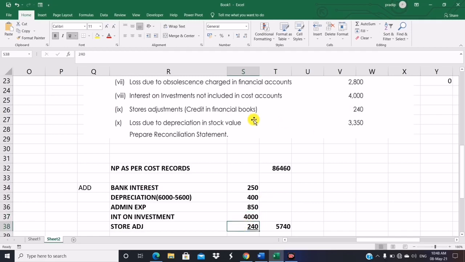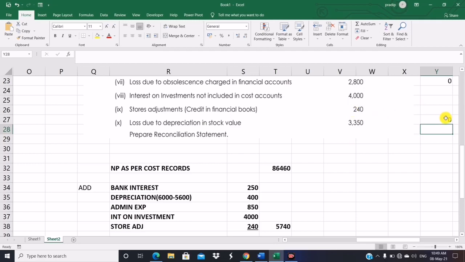And the last adjustment is loss due to depreciation in stock value, that is 3350. But in cost accounting it is mentioned as 0. Here we are taking costing data as a base, that is 0, and in financial accounting the loss is 3350.